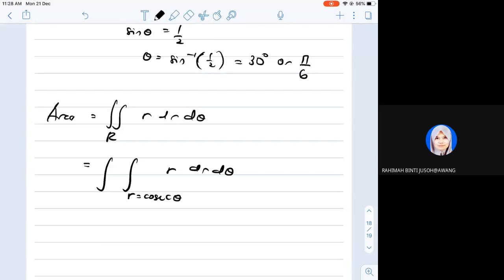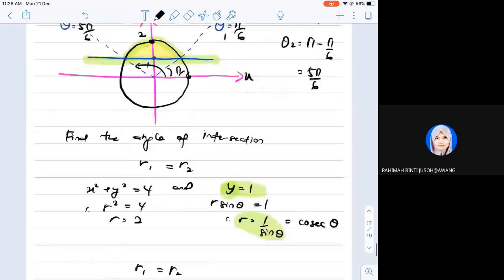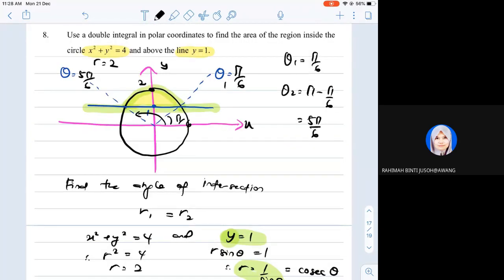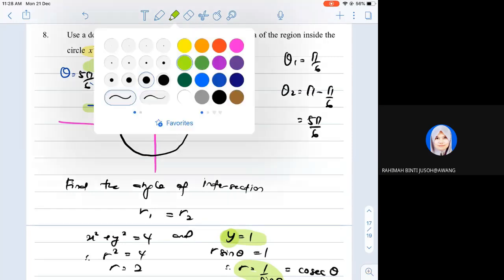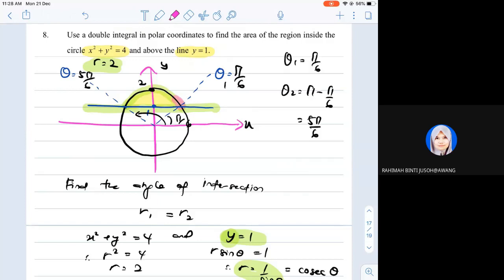Alright, and the upper limit of r should be equal to what? Of course, r equals 2. This is the upper line, I am using the pink color. Of course, the circle has radius 2, isn't it?